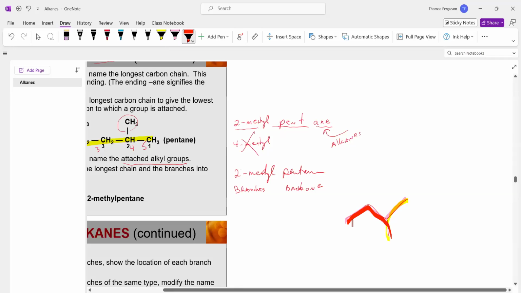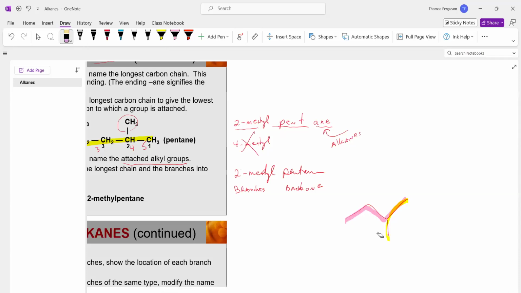So there are 2 4-carbon backbones and 1 3-carbon backbone. So we're going to use the 4-carbon backbone. Let's simplify this. Let's use the pink one. Okay, so now we have a backbone established.